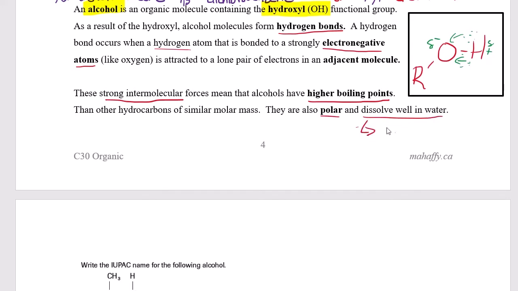And you might remember from chemistry 20 that like dissolves like. Polar molecules dissolve well in polar solvents. Non-polar molecules dissolve well in non-polar solvents. Polar molecules do not dissolve very well in non-polar solvents and vice versa. Non-polar molecules do not dissolve very well in polar solvents.